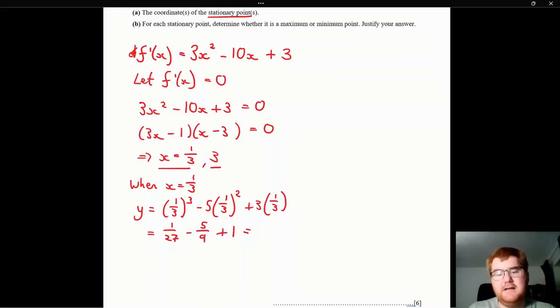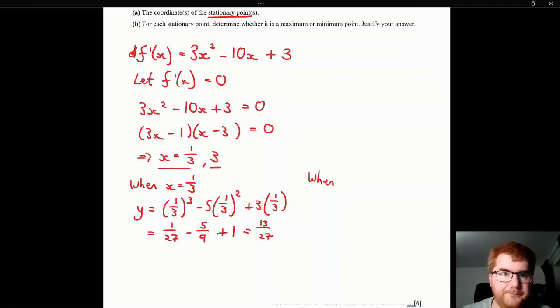Again, I just used a calculator at this point to simplify here. Again, no reason to do anything else. So we've got 1 over 27. Your fractions are very good at simplifying these things for you. So 5 over 9 plus 1. That's going to give us then 13 over 27.